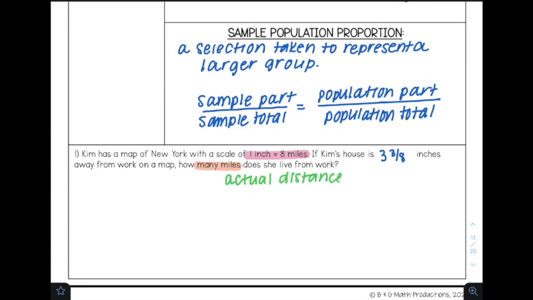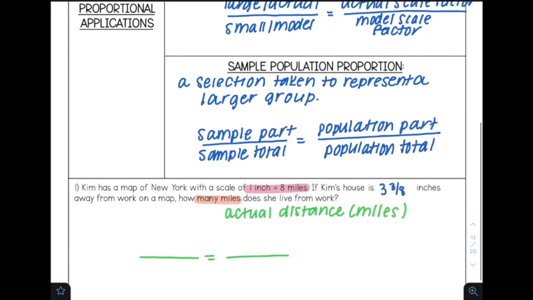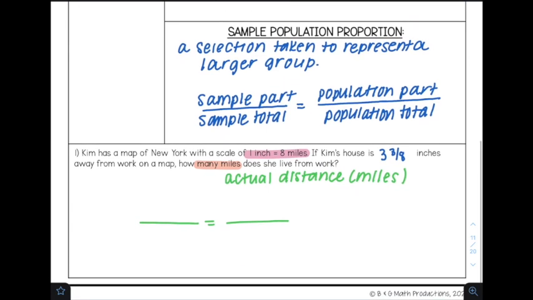And when you're thinking about inches to miles, real life distances are measured in miles.